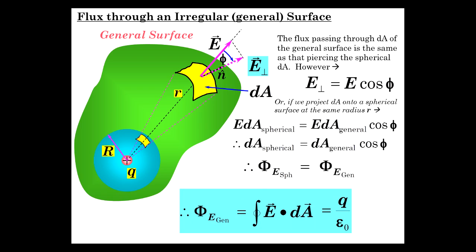And that's Q over epsilon 0. That's how we define the flux. And this little circle here denotes that we are integrating over the entire surface. That's what the circle on the integral sign means.